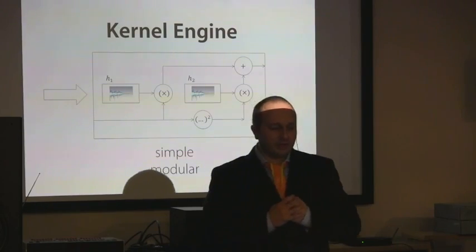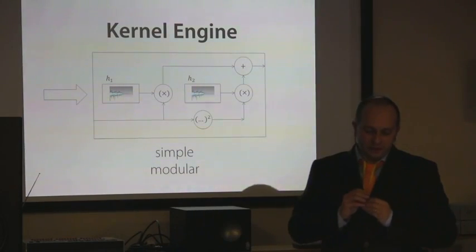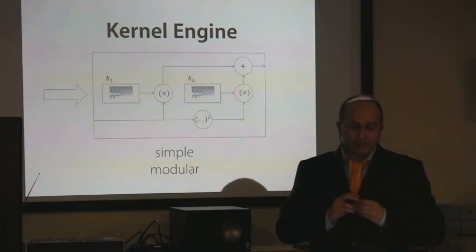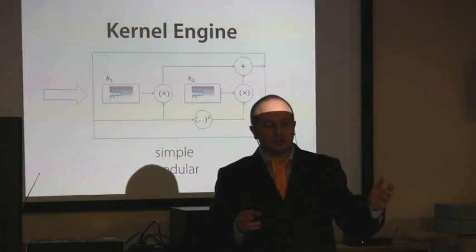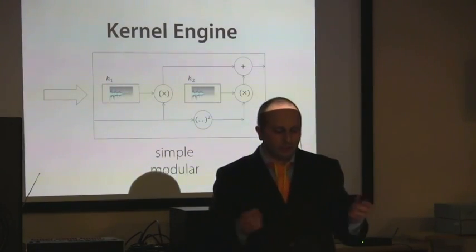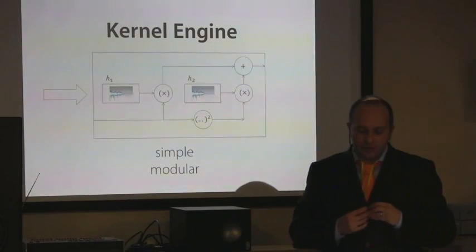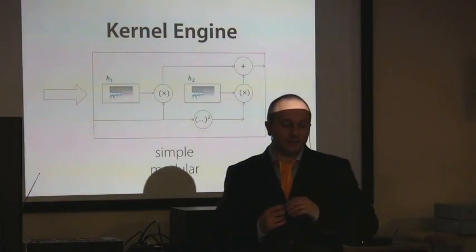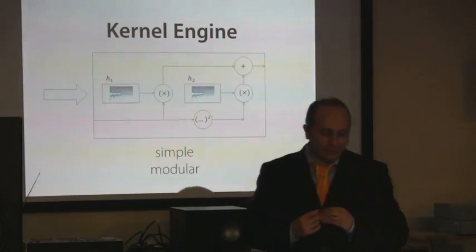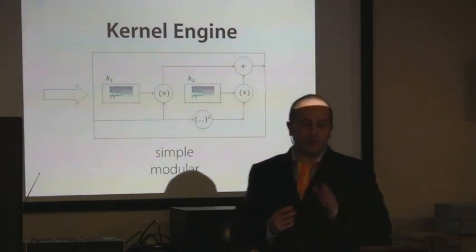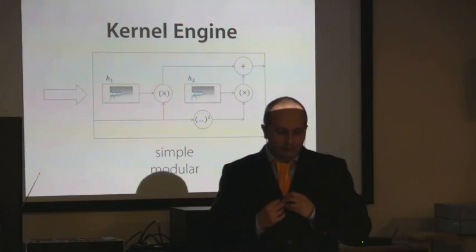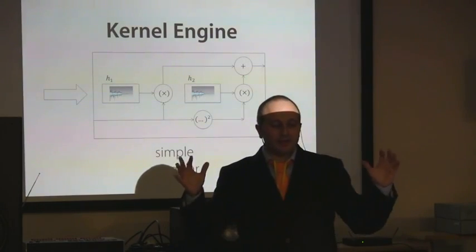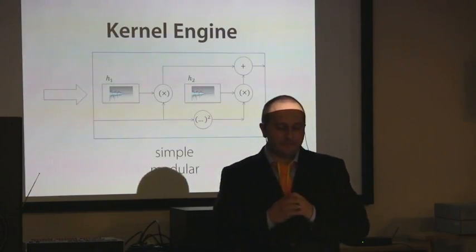It's what we call the kernel engine, and as you can see, we have just a sort of convolver, because for each harmonic you are just making a convolution. This is the convolution operator, and you are summing the result. There is a power of the input for each harmonic, and it's very simple and it is very modular.